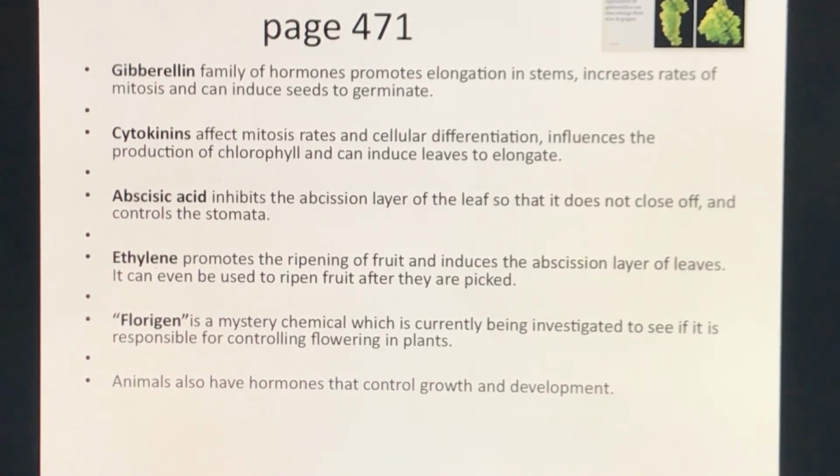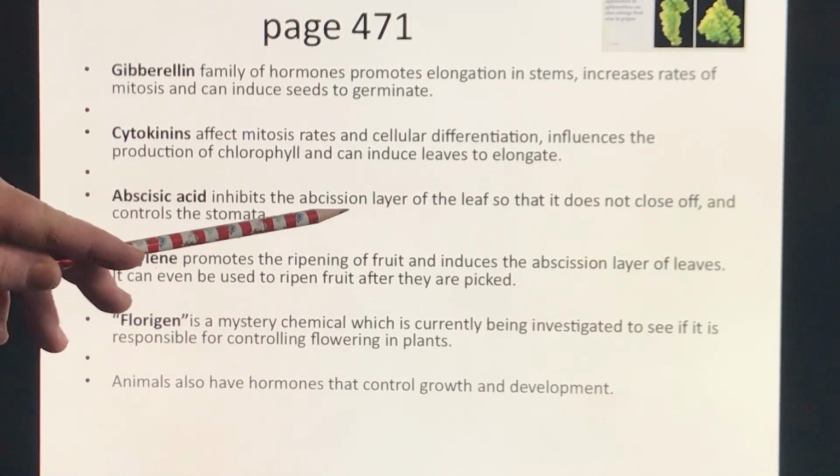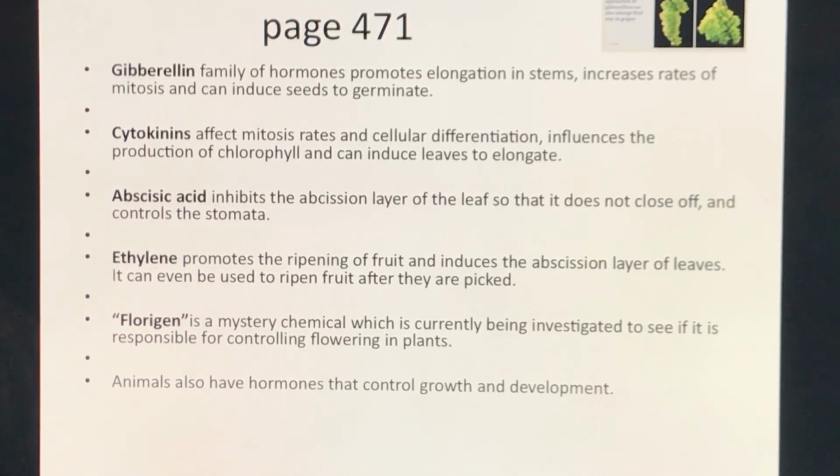It inhibits the abscission layer of the leaf so it does not close off and controls the stomata. And we looked at that abscission layer in the leaf in our previous module when we looked at deciduous trees. Then we have ethylene, which promotes the ripening of fruit and induces the abscission layer of leaves. It can even be used to ripen fruit after they are picked, which is kind of an interesting concept.